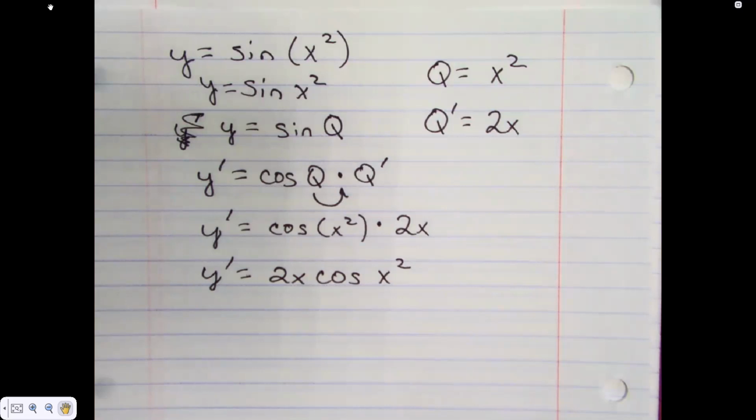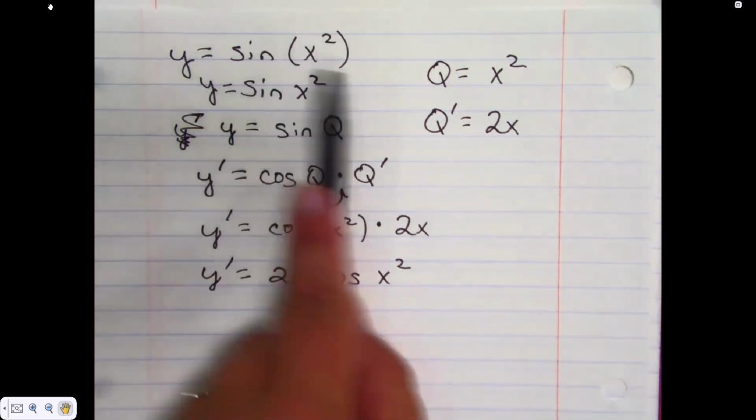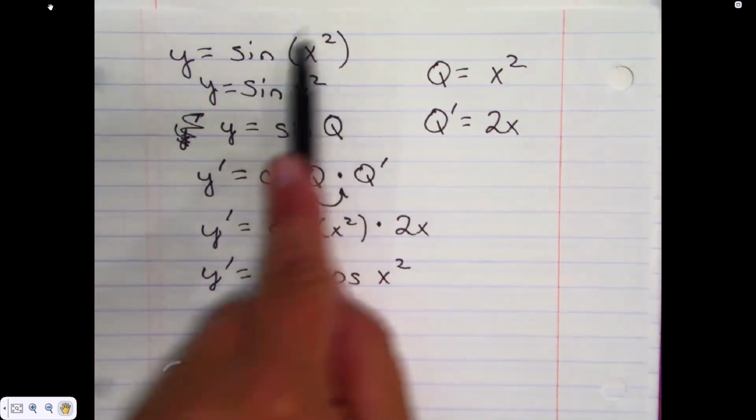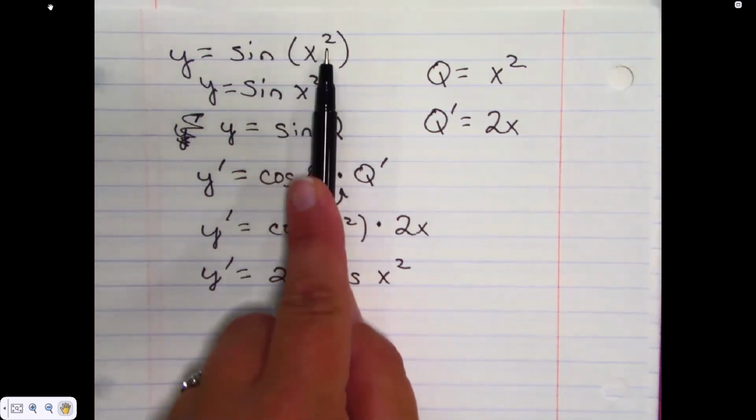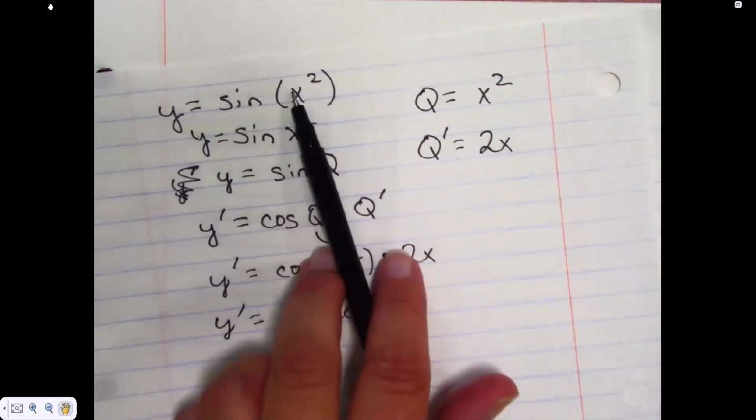So is anyone thinking, like, why don't I do that? If you let this be a quantity, you can just sit and think if you want. If I let whatever is after sine be a quantity, why wouldn't I do that if it was just sine of x? Like, how do I know?